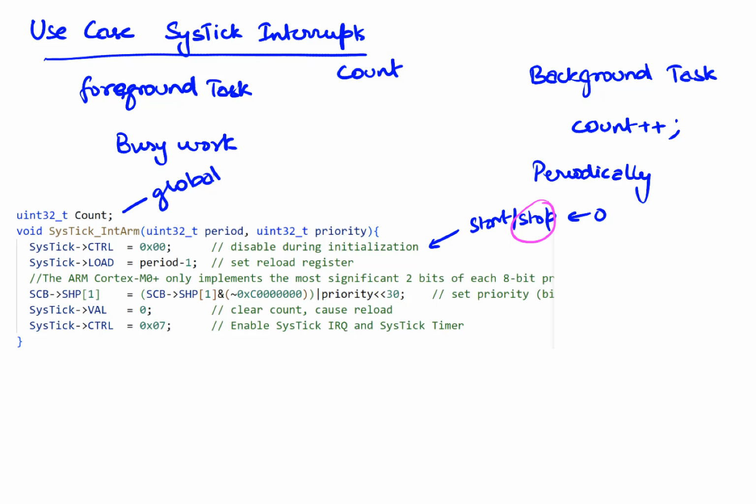Now that we did that, we're going to set our load register. We know that if I set the load register to some n value, then it's going to tick for n plus 1 number of ticks. So if I want to tick exactly for n, I'm going to make that n minus 1, which is what we did here. Now we're going to set our priority.